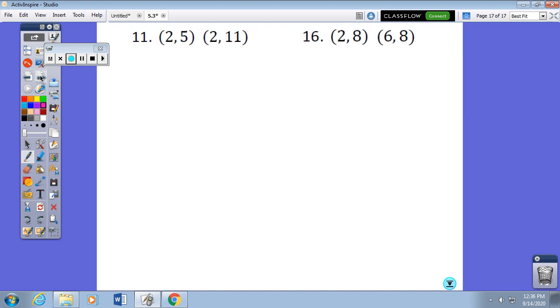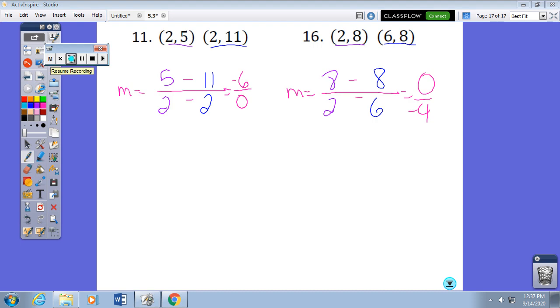Okay, it looks like we got 2 more here. Go ahead and pause and try these 2. Alright, so these 2 both have 0s in the answer. Now this is where students get a little mixed up. I just wanted to reconfirm this. If you have 0 in the bottom, that's when you get undefined slope. That's the only time. You cannot divide by 0 anytime there's 0 in the bottom.